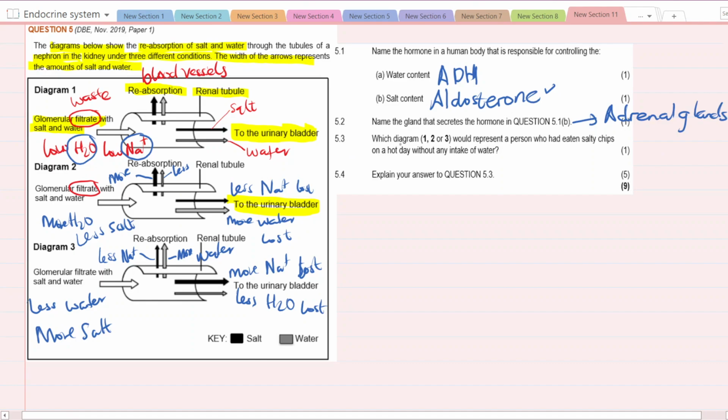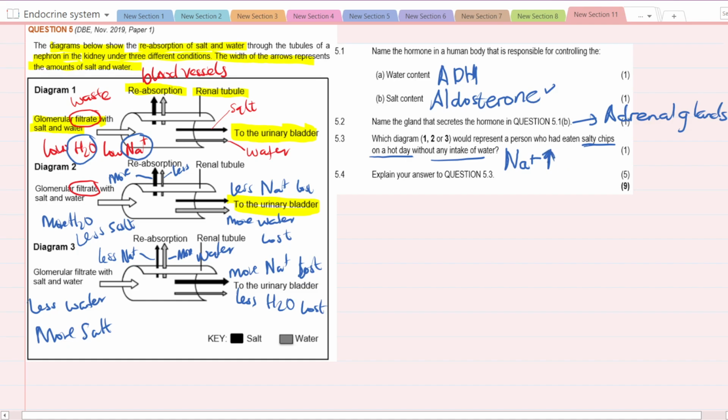Then they say which diagram, 1, 2 or 3, would represent a person who had eaten salty chips on a hot day without the intake of water. Here they're telling us that you must check a person who is having too much sodium ions or salt in the body.